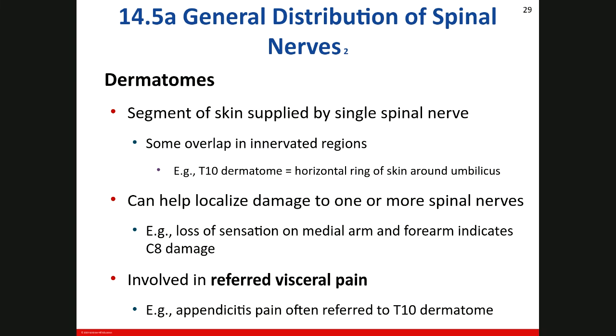So it can help localize damage to one or more spinal nerves. If we have loss of sensation on the medial part of our arm or the forearm, it means that our C8 has a problem. So by using this dermatome map, we can easily identify which spinal nerves have a problem.